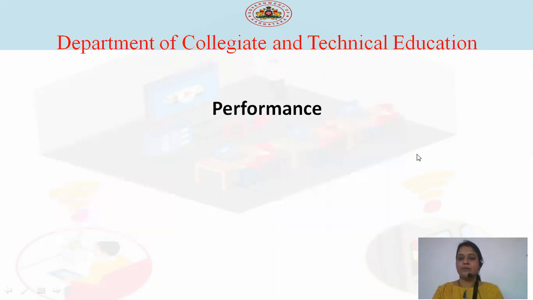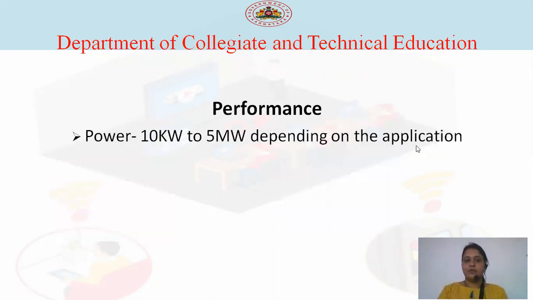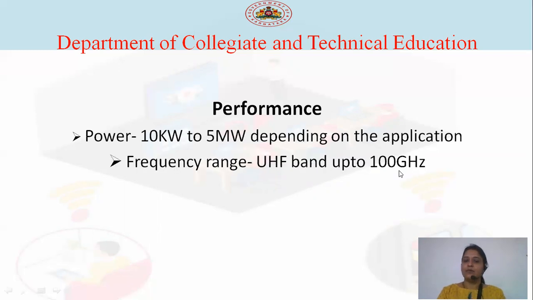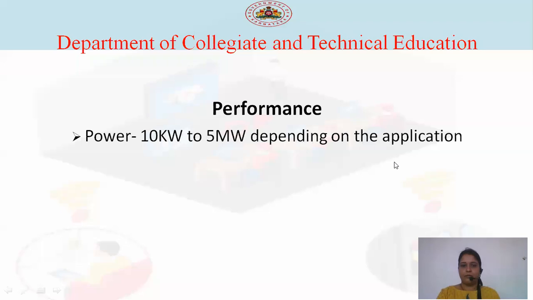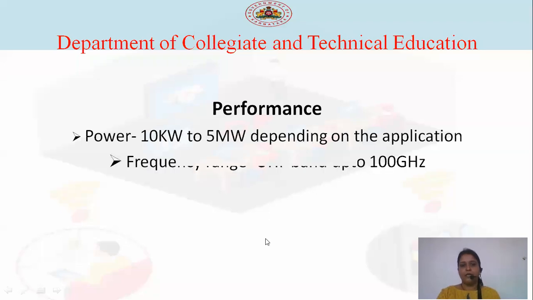Now the performance of the magnetron: power is 10 kilowatt to 5 megawatt depending on the application. Frequency range is the UHF band up to 100 gigahertz.